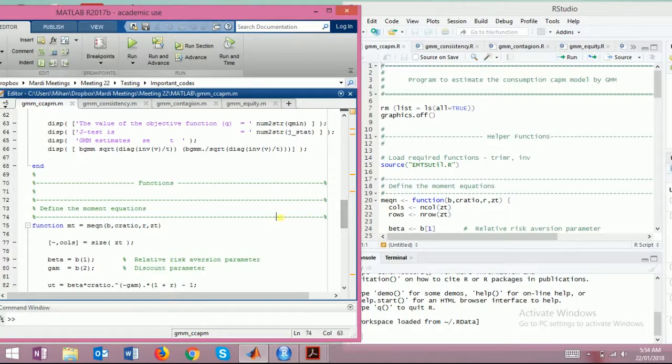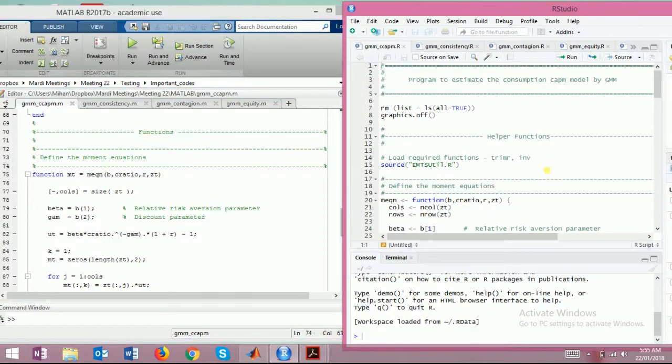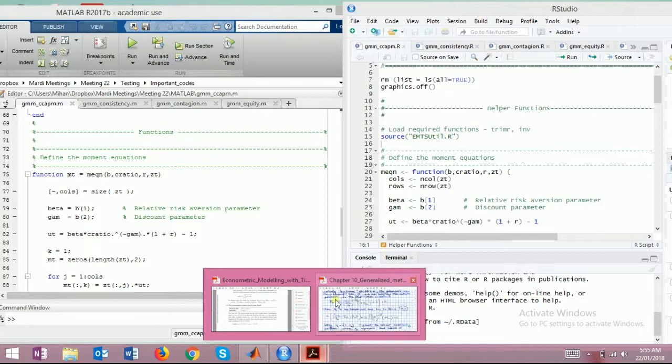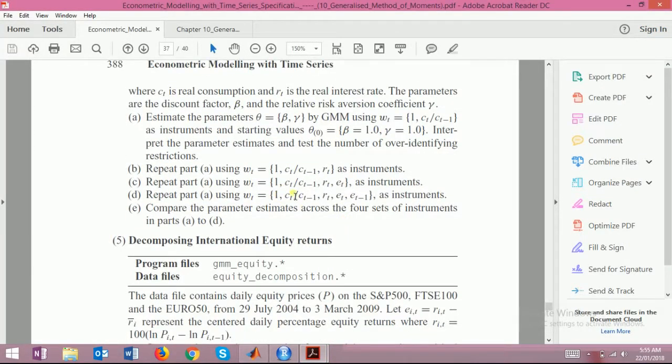We will obviously have multiple functions. There is no simulation here, so we don't set a seed. First function: B C ratio R ZT. Basically we are starting with ZT as Et and Et minus 1, I guess.